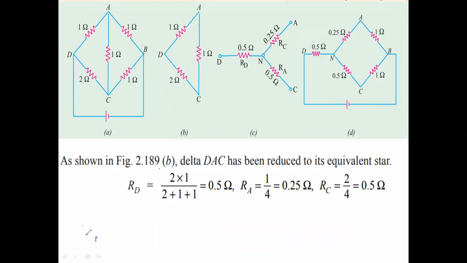This is the point D and this is the point B. From D we can go to B through a 1 ohm resistance, then again a 1 ohm resistance to this point A, and again a 1 ohm resistance to point B. Similarly, from D we have another 2 ohm resistance.